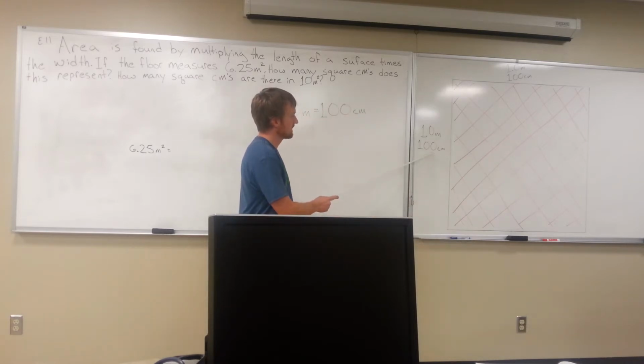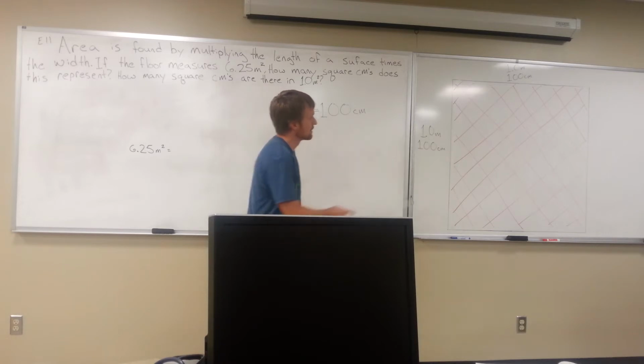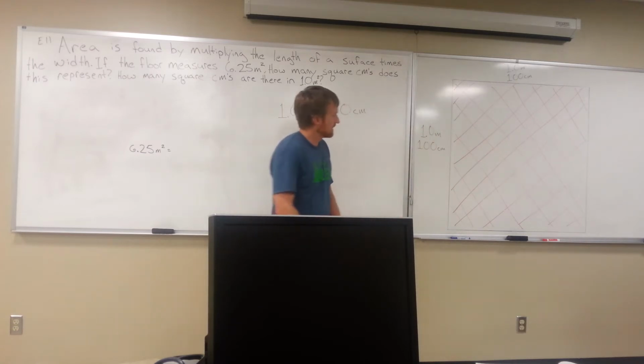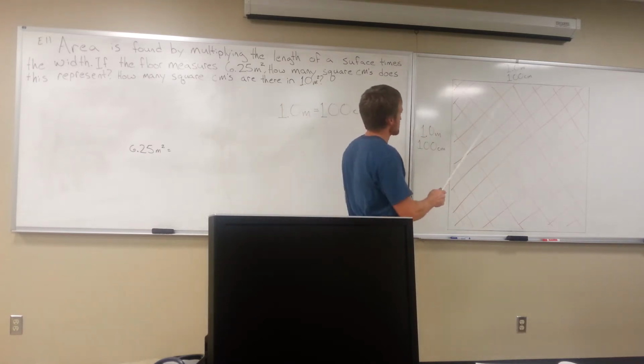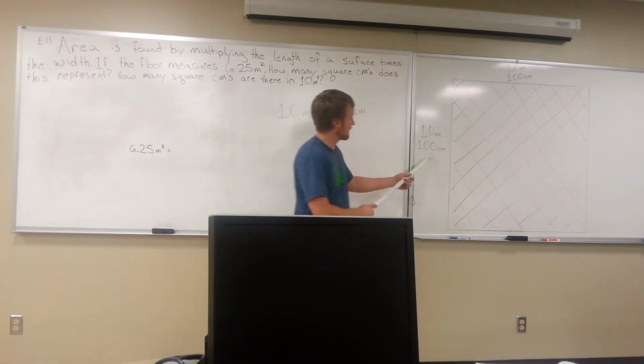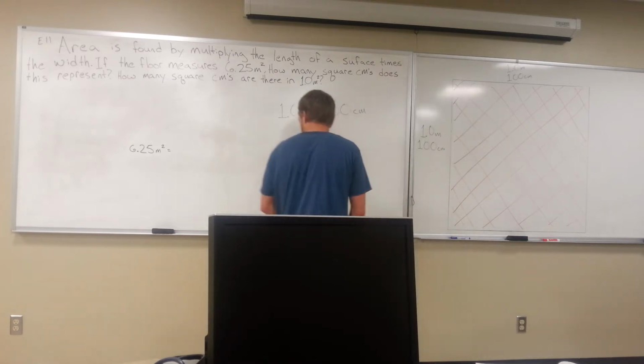Both sides are 1 meter, which is 100 centimeters. Now, how do we get the area of this? Well, we multiply 1 meter times 1 meter, but we also multiply 100 centimeters times 100 centimeters.